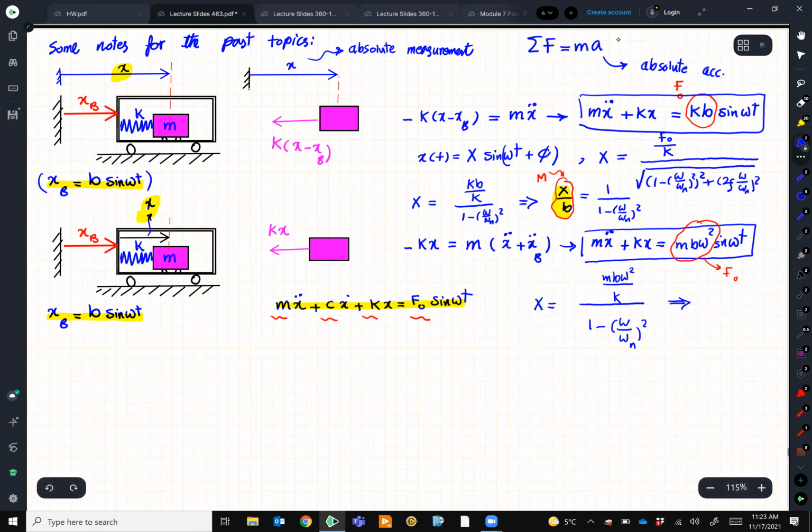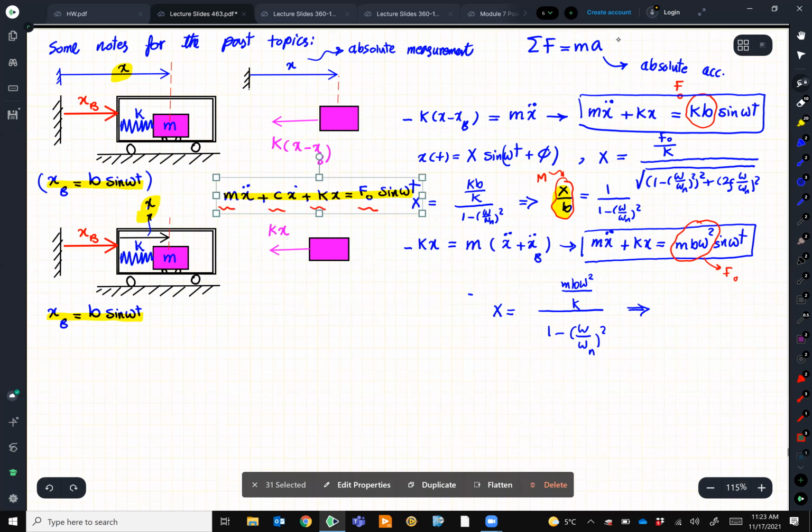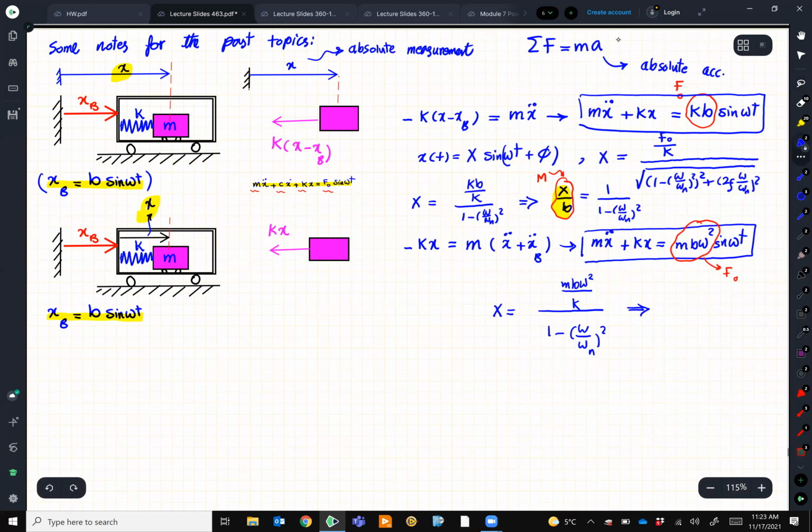So X over B will be, let me write it down. This is our standard form. So X over B equals omega over omega n squared, over 1 minus omega over omega n squared. And now this is my M.